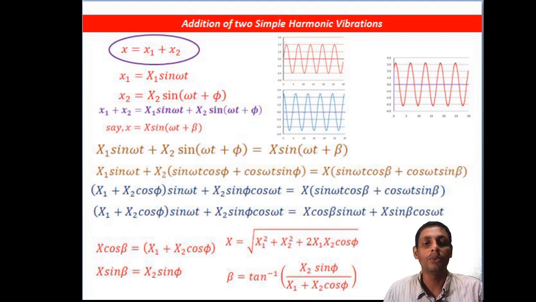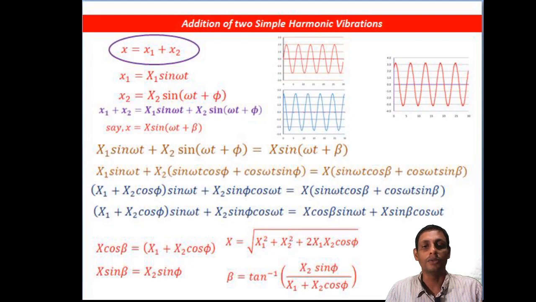So these are the two expressions we can get by equating the coefficients of sin omega t and cos omega t. Then from these two expressions we can easily identify the parameters X and beta, because these are the two additional parameters we have to get to represent the summation of the two waves.